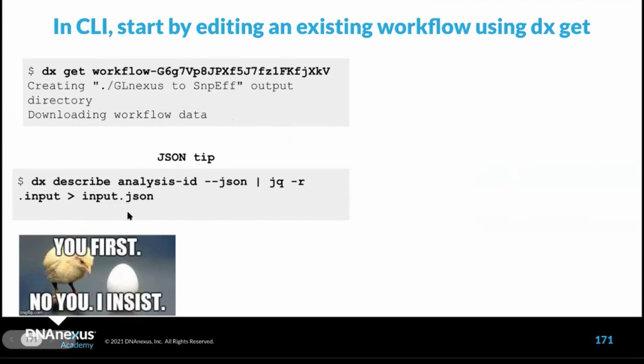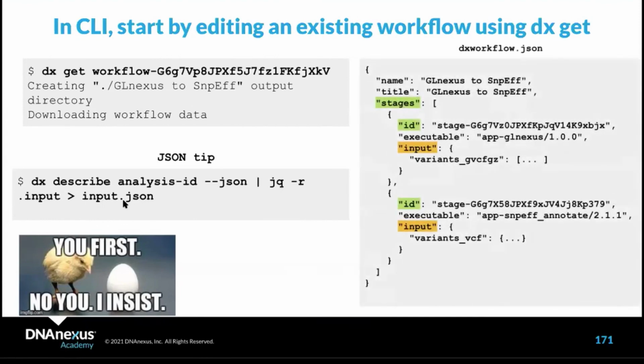This is nice: if you have run an analysis with a workflow and you want a list of the inputs to use as an input for your workflow, you can use a dx describe and pipe that into jq to extract all of the input fields and put it into a JSON file here. So I realize everyone's probably a little brain dead here, but this is what the dxworkflow.json looks like.